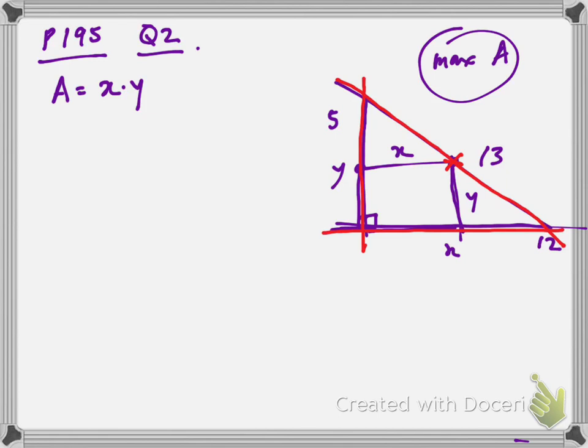Right, how does that help? So this is my c, which is 5. This is 0. The gradient would be rise over run. You can figure it out from there. The y equals, so the gradient will be negative. I can either write it as 5 minus 5 over 12 x, or minus 5 over 12 x plus 5.